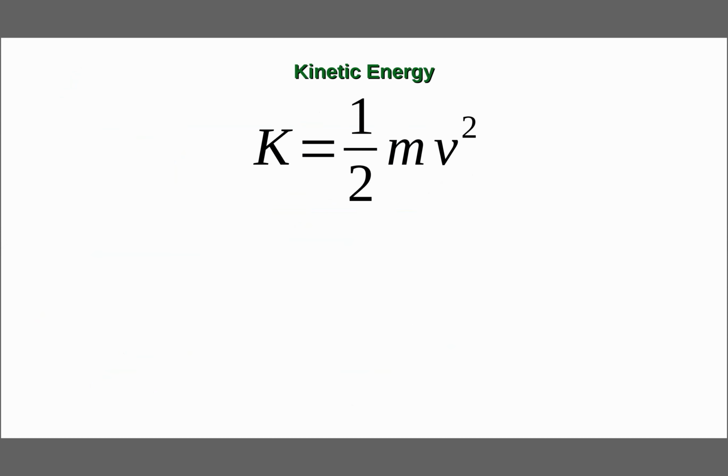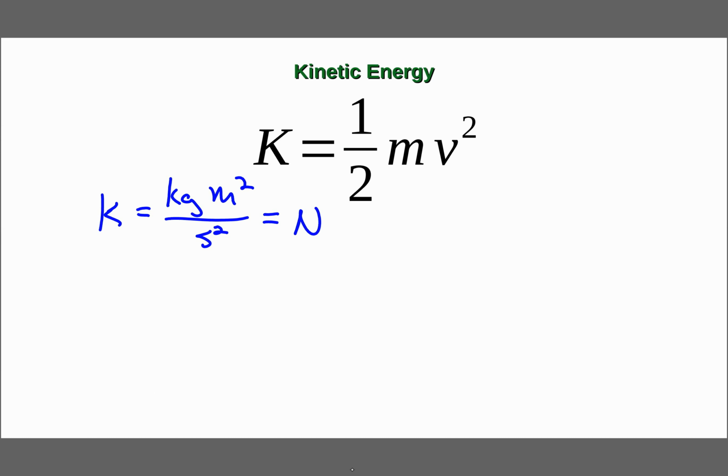Okay? So we have this quantity, kinetic energy. And as we usually do when I introduce a new quantity, let's look at the units on it. The units of K are kilogram meters squared per second squared. But remember that a Newton was a kilogram meter per second squared.